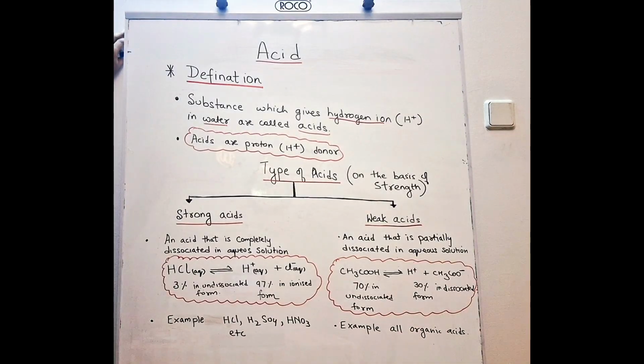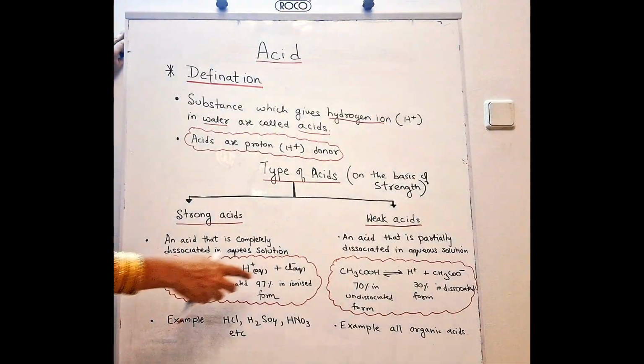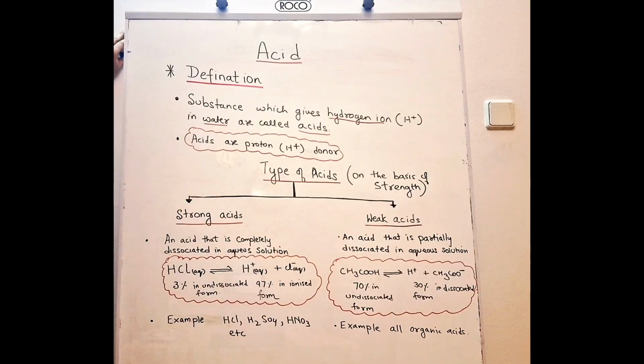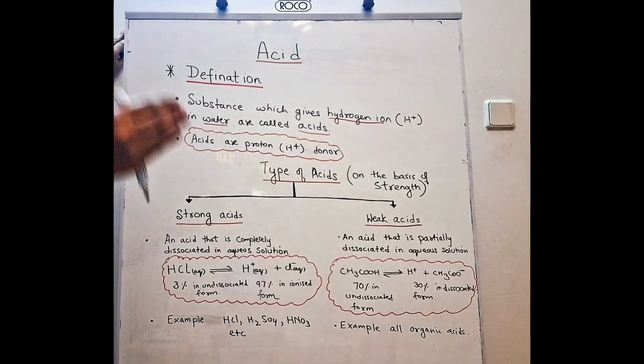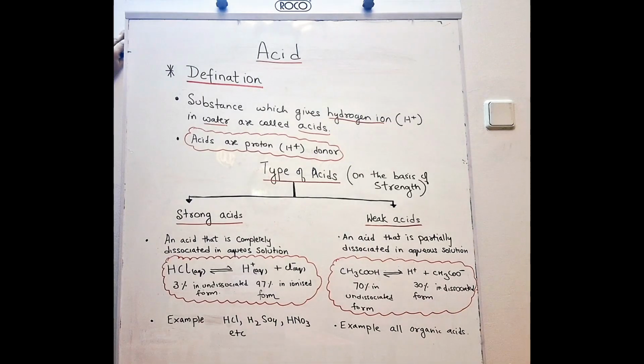Whether it is present in the form of ions or in unionized form. If the maximum percentage of the acid is present in dissociated, that is ionic, form, then it is a strong acid. Now you understood.